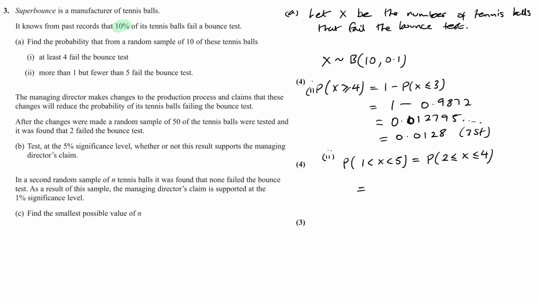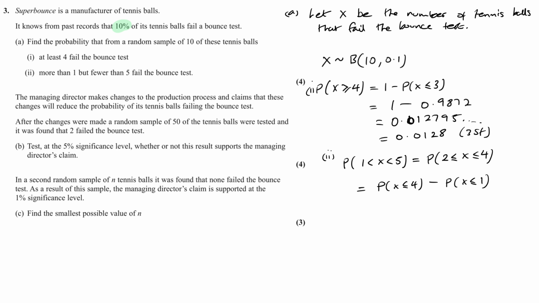That is the probability that x is less than or equal to 4 minus the probability that x is less than or equal to 1. Because we want between 2 and 4, this goes from 4 all the way down to 0, and then we're taking away 1 to 0, which leaves us from 4 all the way down to 2.